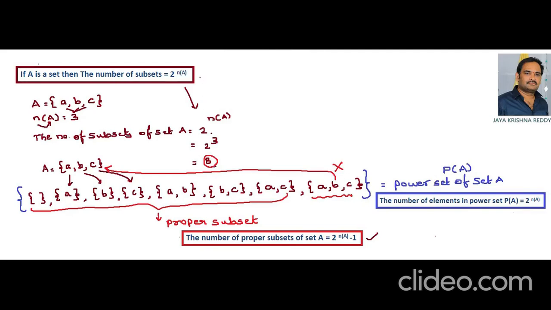Remember the formulas again. If A is a set, then the number of subsets is 2 to the power of n(A), the number of elements in the power set P(A) equals 2 to the power of n(A), and the number of proper subsets of set A equals 2 to the power of n(A) minus 1.